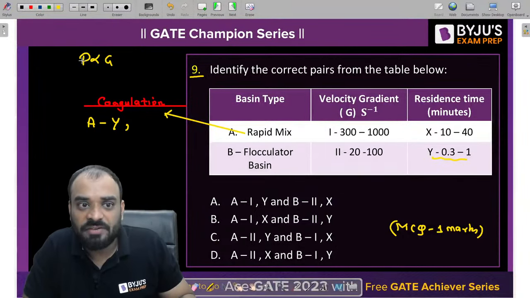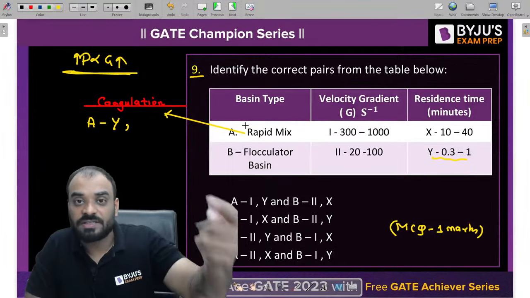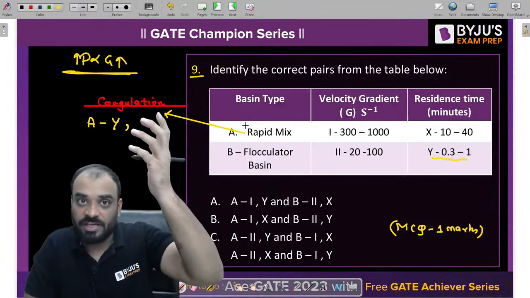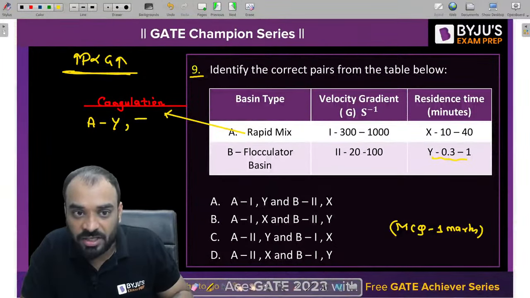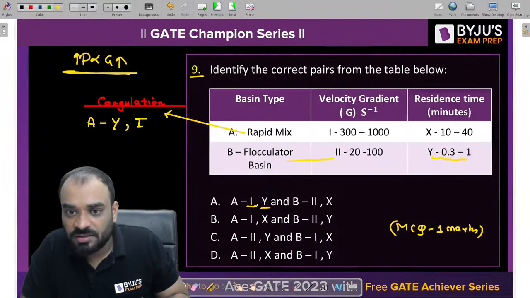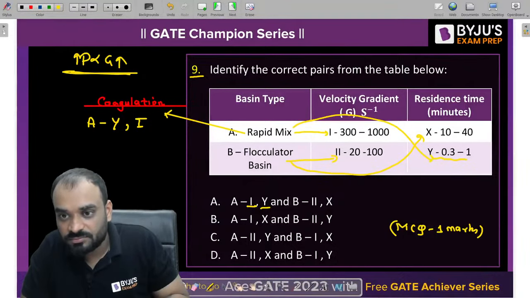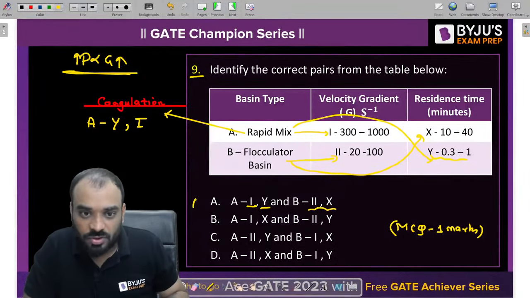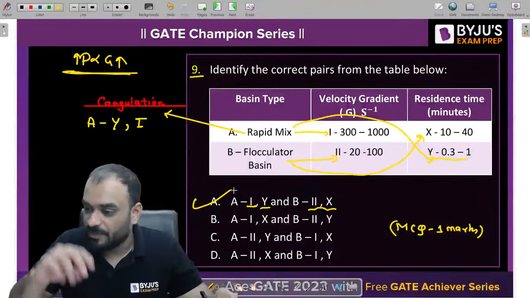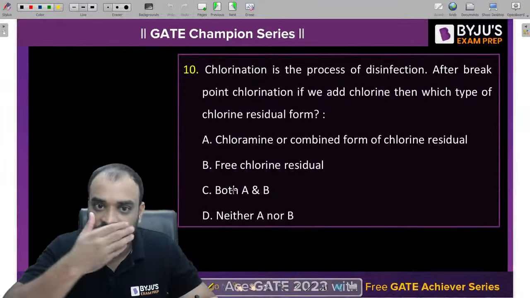So if you have more power, then more velocity gradient. So in the rapid mixing process, the velocity gradient is very high. So that's why guys, for A it should be 1, right? So 1 and Y. So can I say that for the flocculator basin, this one is the answer and this one is the answer. So that's why A is the correct answer for the problem. A is the correct answer. Crystal clear? Let's solve the next question.